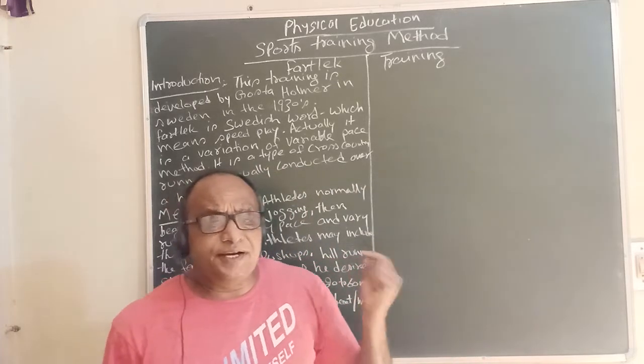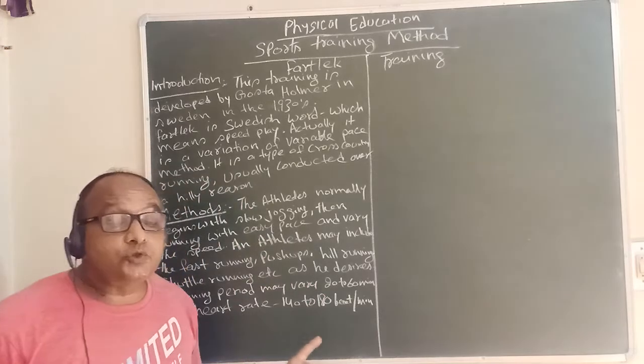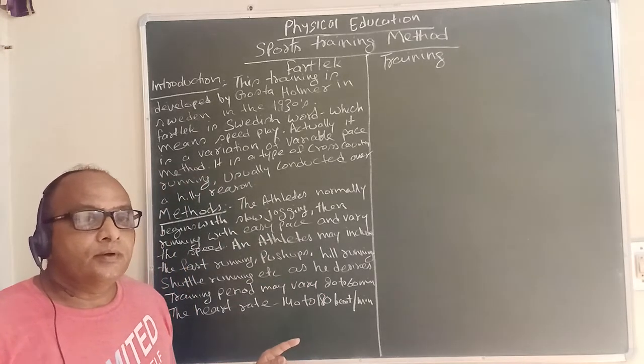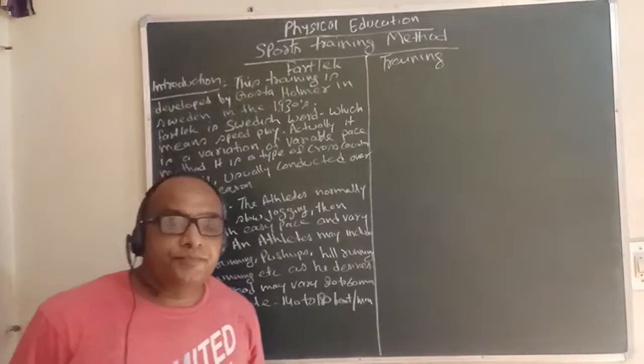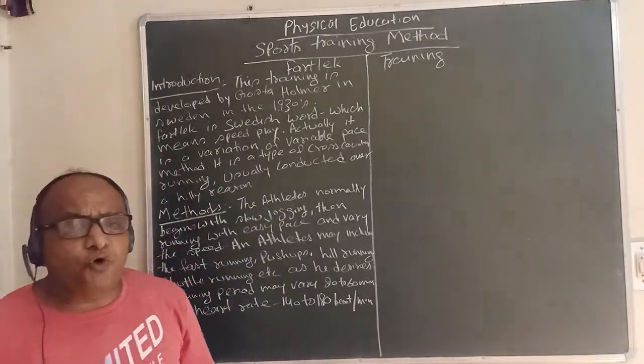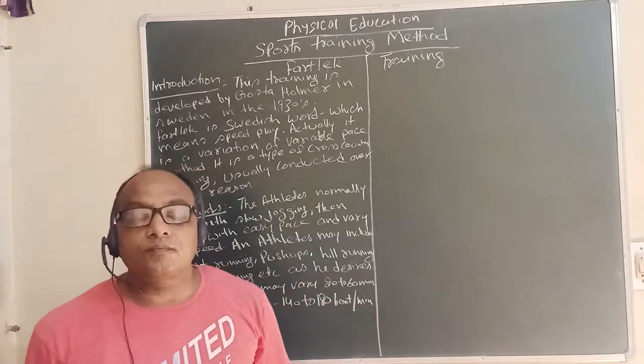So during this training period, you have to check your heart rate also. So this is the method of fartlek training. Fartlek training means there are so many variations during this training period.